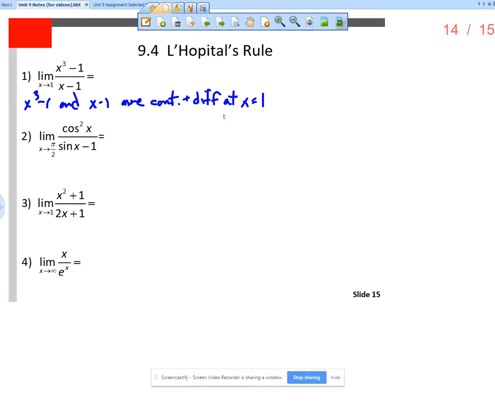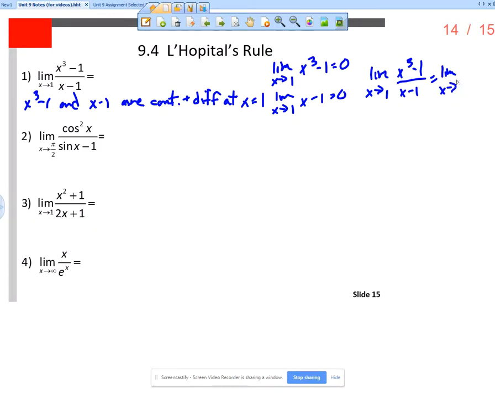Since that is true, we would say the limit as x approaches 1 of x cubed minus 1 is 0, and the limit as x approaches 1 of x minus 1 is also 0. So we can say the limit as x approaches 1 of x cubed minus 1 over x minus 1 is equal to the limit as x approaches 1 of what?